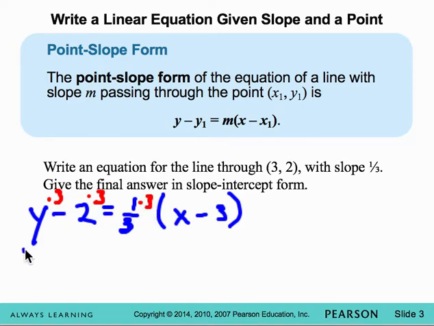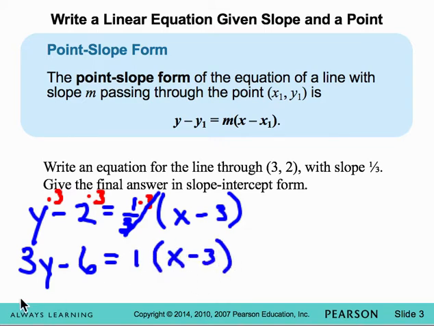That gives us 3y minus 6 equals 1 times x minus 3. Let's get rid of the parentheses: x minus 3. And solve it for y, because that's the slope-intercept form when it's solved for y. So let's add 6 to both sides.